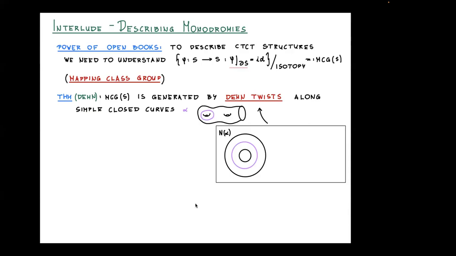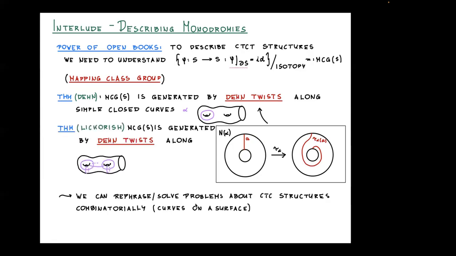Dehn twists are exactly the picture I already described to you, the map which takes this curve A into this twisted curve, tau alpha of A. The way I'm going to do it is that I'm going to take the neighborhood of this curve here, and I'm going to apply this monodromy, this twisting on that annulus, and get back to the original picture.